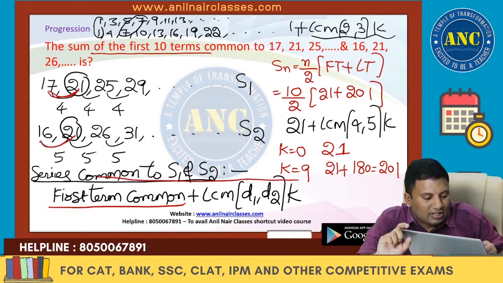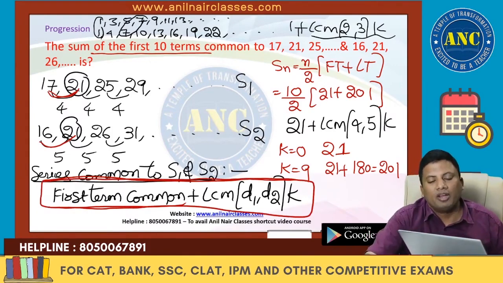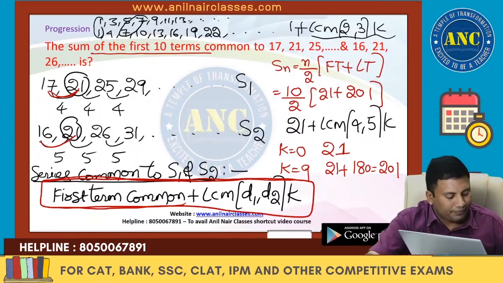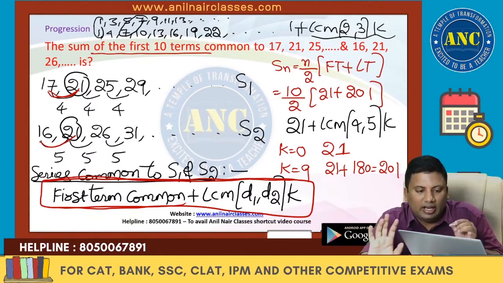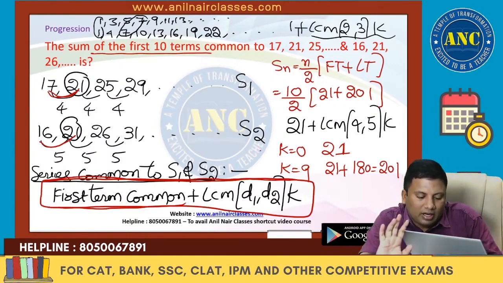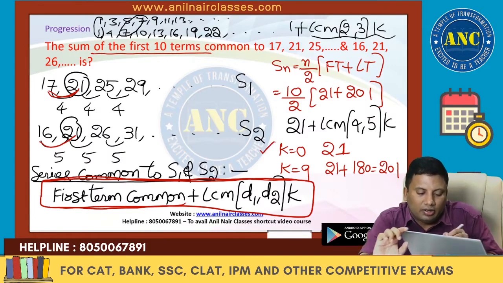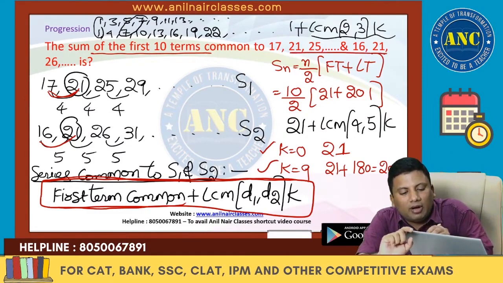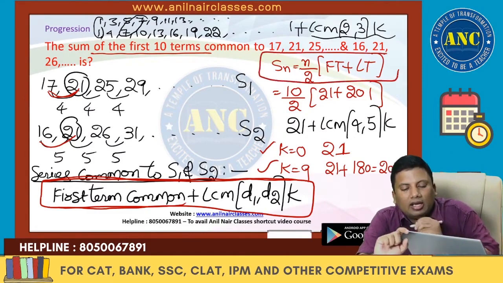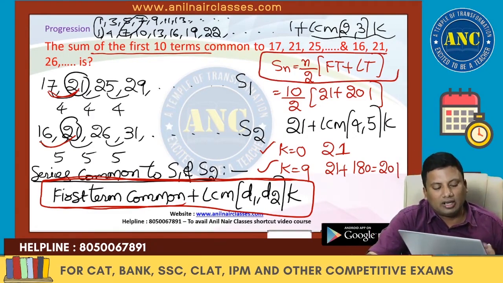So the answer is first term common plus LCM of D1, D2 into K. I hope it is clear. For the first 10 terms common, the first term is K equivalent to 0, the 10th term is K equivalent to n, and the sum of n terms is given by n by 2 into first term plus last term.